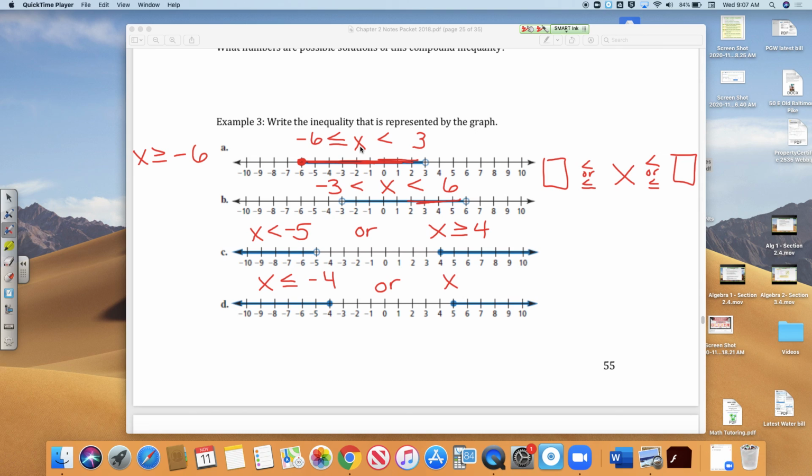What's the second one? X is what? Perfect. So this one would be x is less than or equal to -4 or x is greater than or equal to 5. Great job. So tomorrow we'll finish up this section, and then we will start solving them.